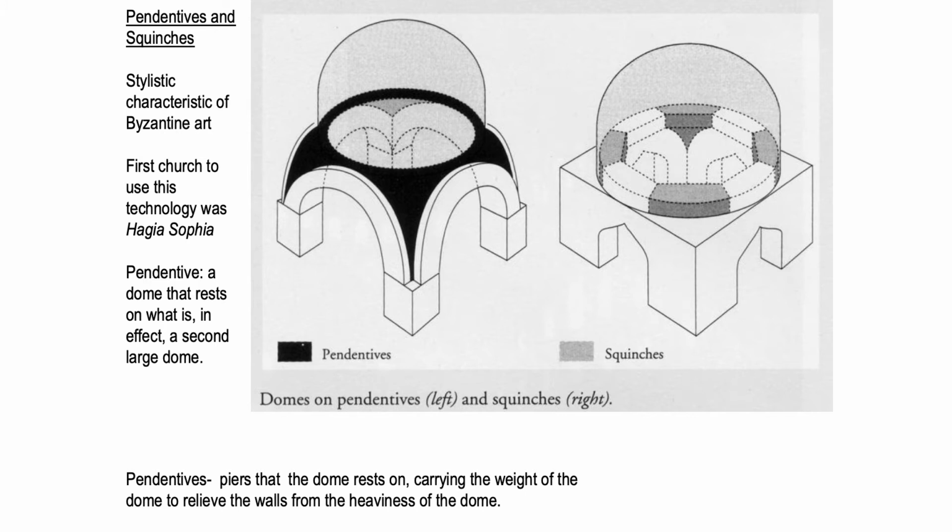Then the weight of the dome is actually carried by these very large piers. They're big, massive spaces in the wall that hold the weight of the dome. If you backtrack a couple of slides, you'll see where the weight of the dome rests on those big, heavy piers.